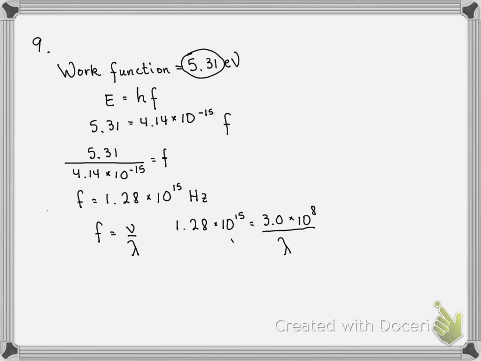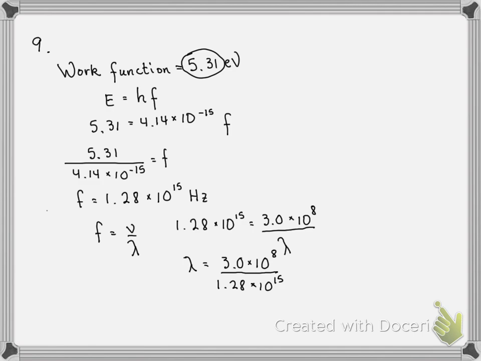We interchange the frequency and the wavelength, lambda. So we get that the wavelength is 3.0 times 10 to the 8th over the frequency we just solved for, and then we will get our wavelength in terms of meters.